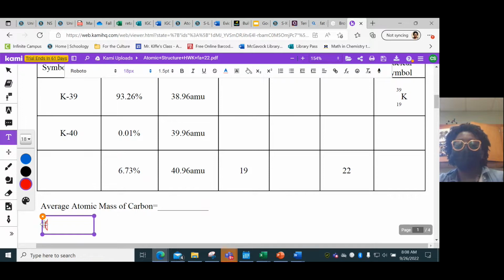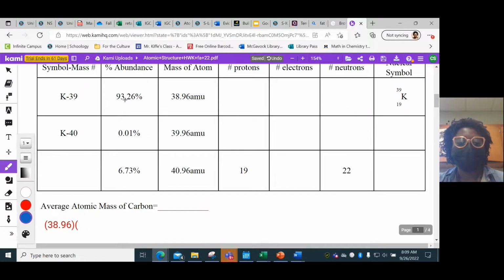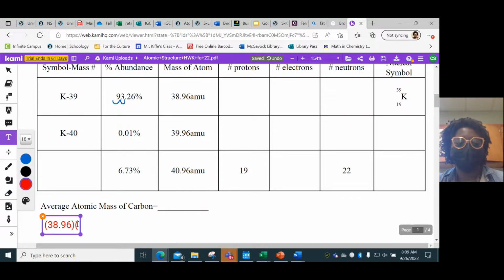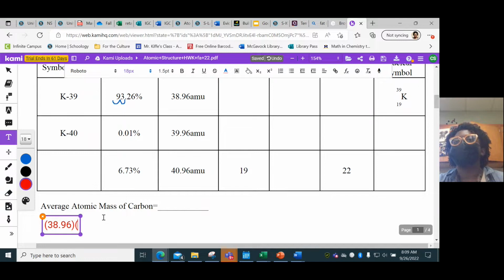All right, so the first mass is 38.96. What abundance goes with 38.96? Good. I'm going to Beyonce to the left, to the left. So it's going to be what percent abundance? Now we're going to add it to the next one, which has a mass of 39.96.